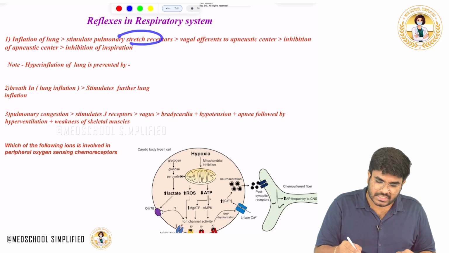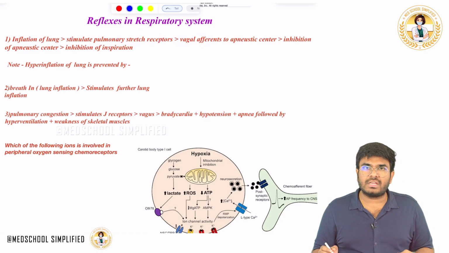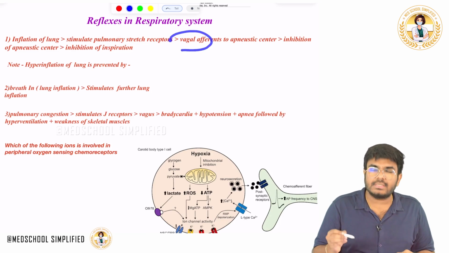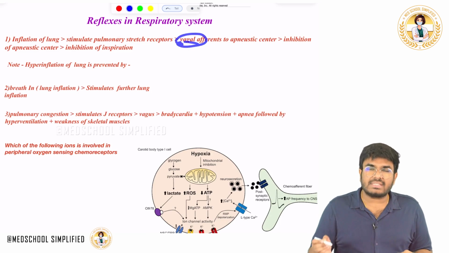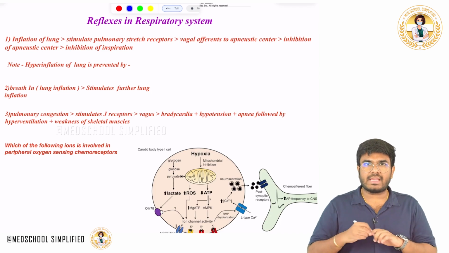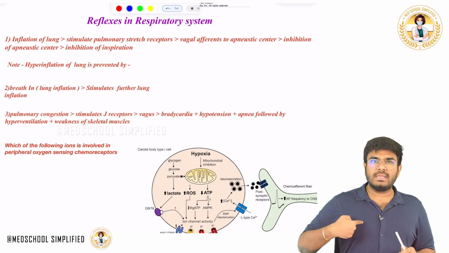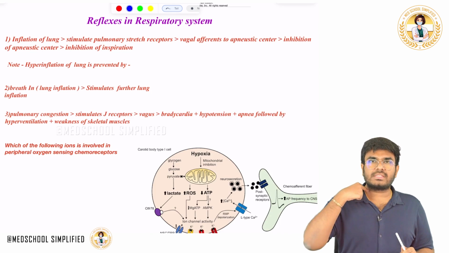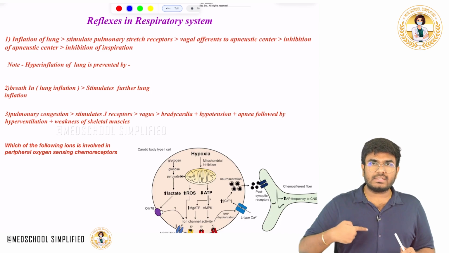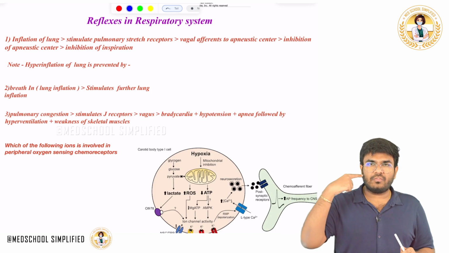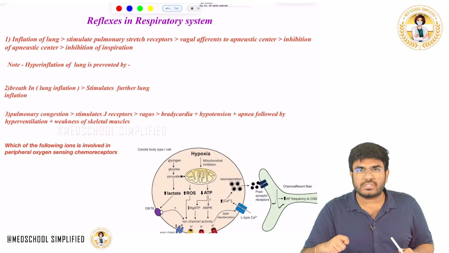These stretch receptors are attached to which sensory nerve? Vagus. So now the vagus nerve is activated. From your lungs, the vagus nerve takes the sensory information to your brain that there is inflation of lung.